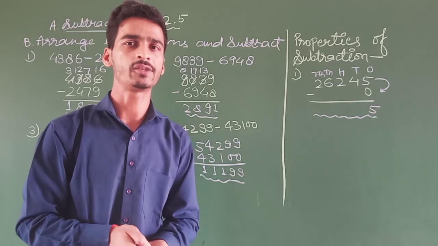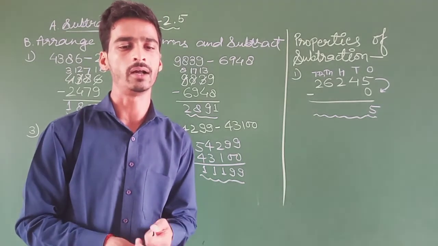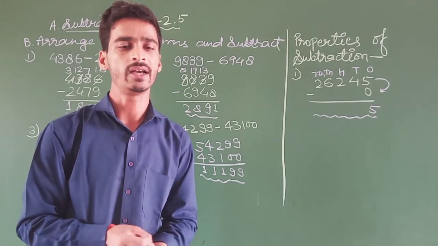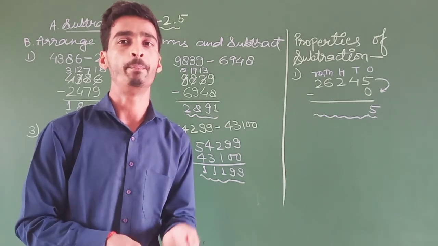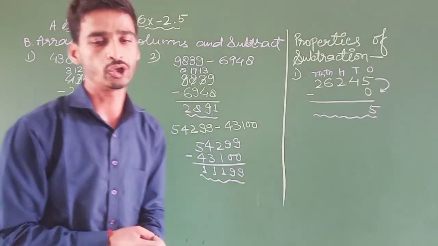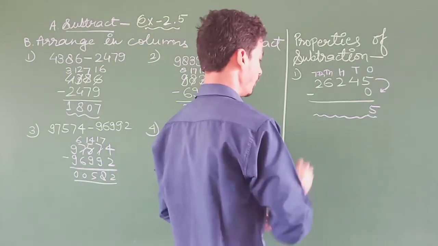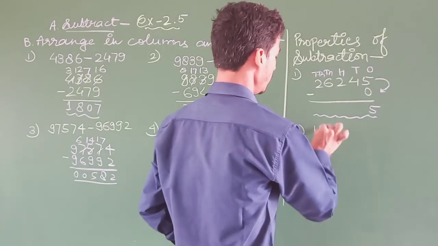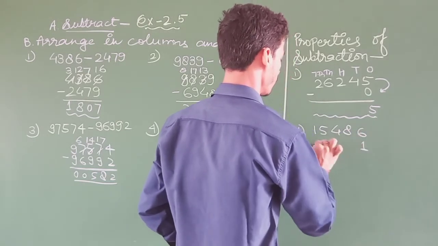The next property is: when 1 is subtracted from a number, the difference is the predecessor of the number. Or you can say the difference is the before number. There is an example given: 15,486 minus 1.